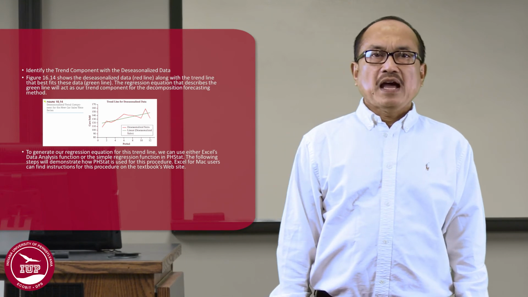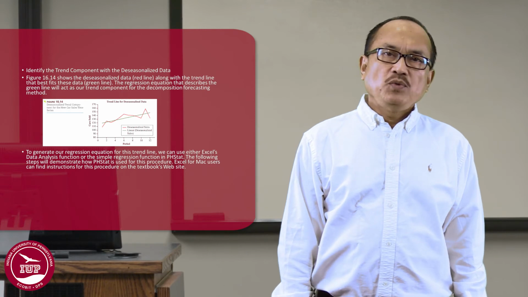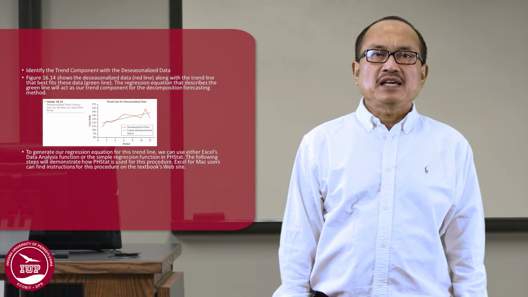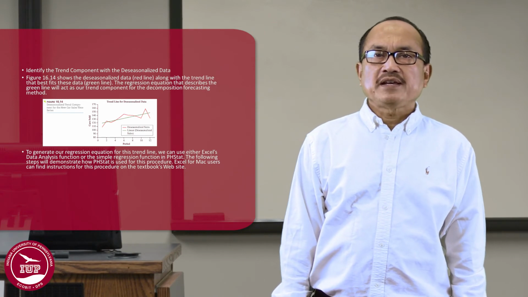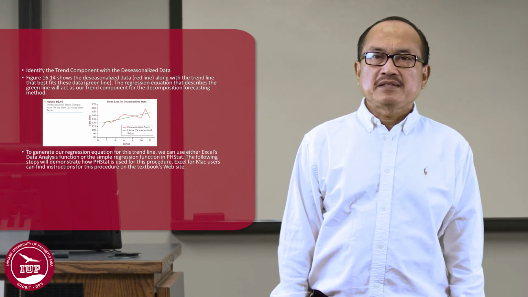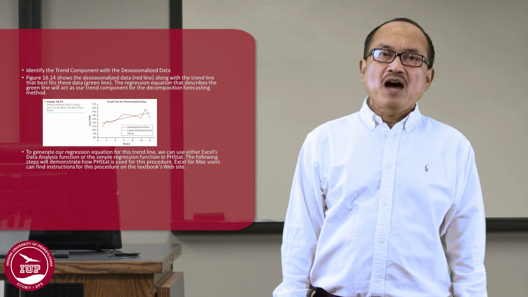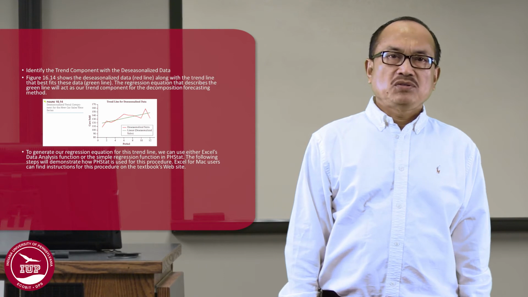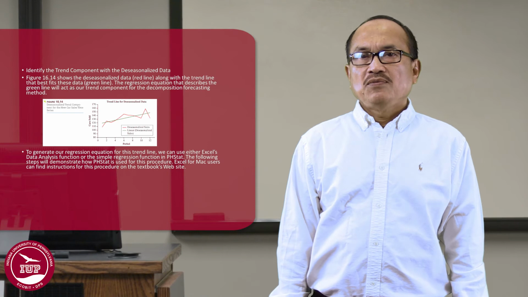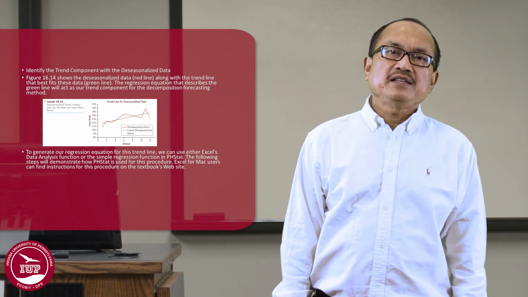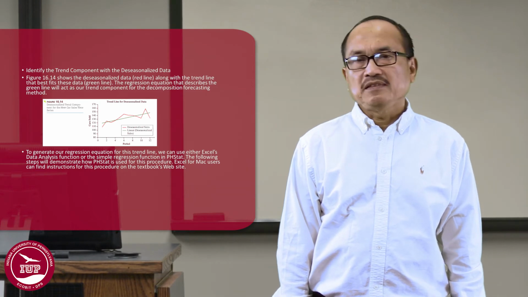To generate our regression equation for this trend line, we can use either the Excel Data Analysis function or the simple regression function in PHStat. The following steps will demonstrate how PHStat is used for this procedure. Excel for Mac users can find instructions for this procedure on the textbook website.